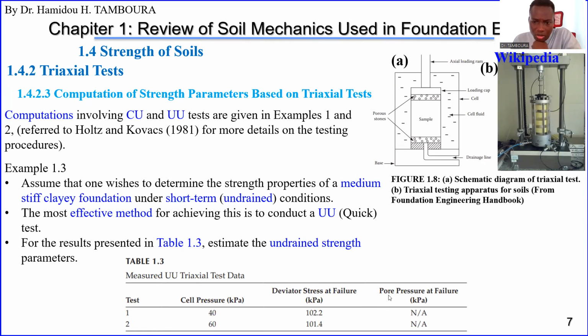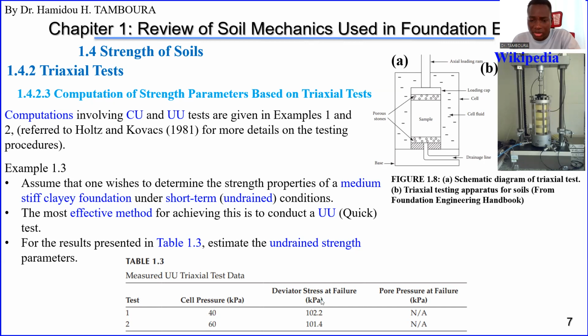The pore pressure was not measured, that's why you see NA here. The results for the second test are here: 60, 101.4, and none here.